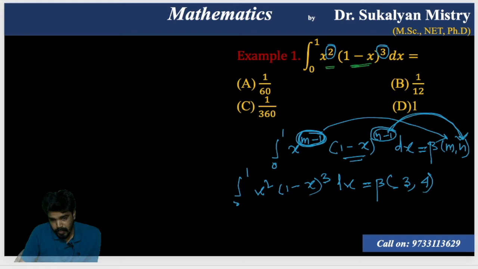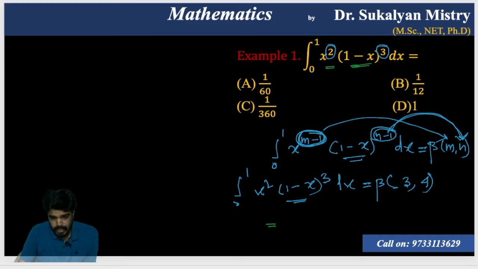So, we know the relation between beta function and gamma function: beta m n will be gamma m into gamma n divided by gamma m plus n.